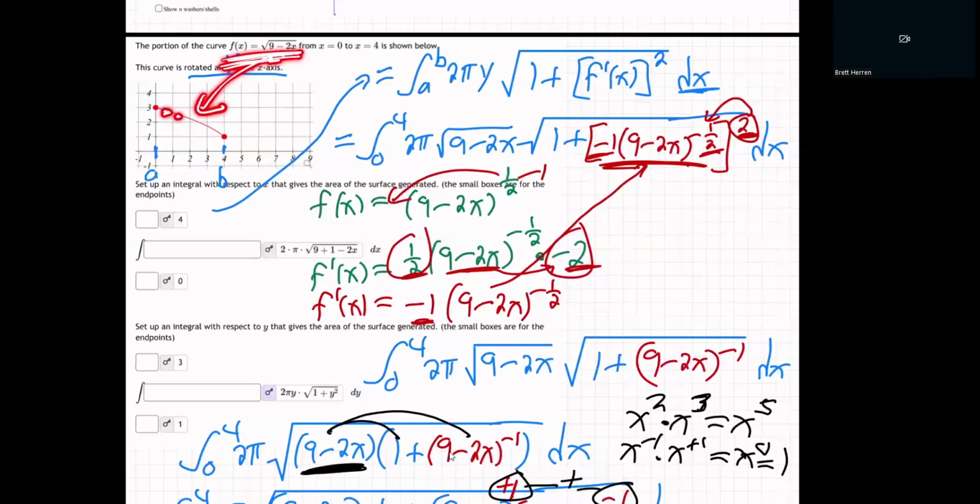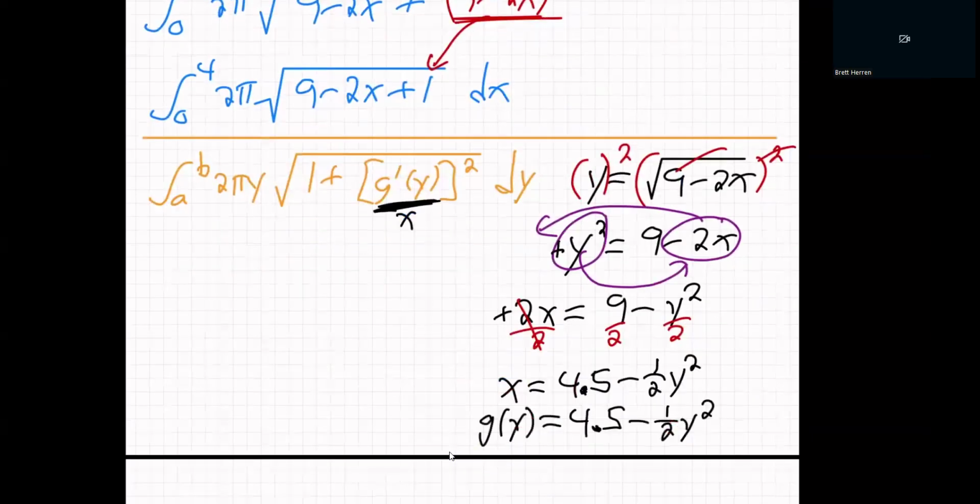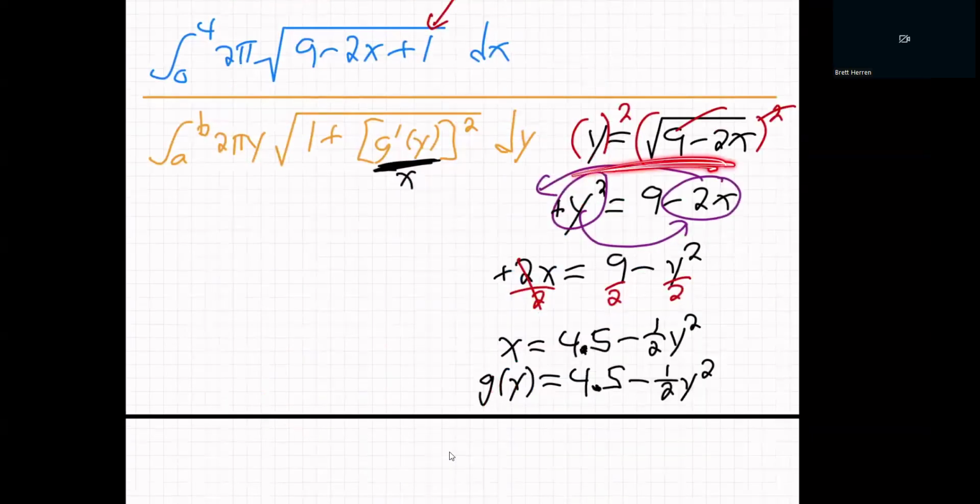The x and y values of every point on that curve relate to each other according to that equation. That's what an equation is, a relationship, like a friendship between x and y. You can get x alone or you can get y alone. You can express it as a function of x or as a function of y. So with the other formula, they want us to express it as a function of y. So I took the little equation, solved for x, and we're calling it g of y. You could call it anything of y, Joe of y, George of y if you want. There it is, a function of y.